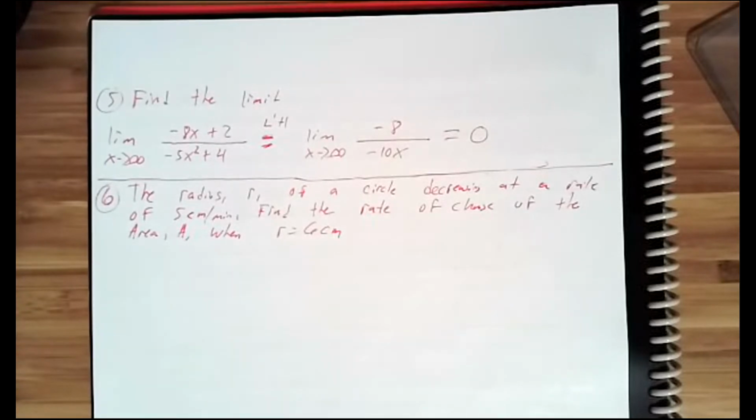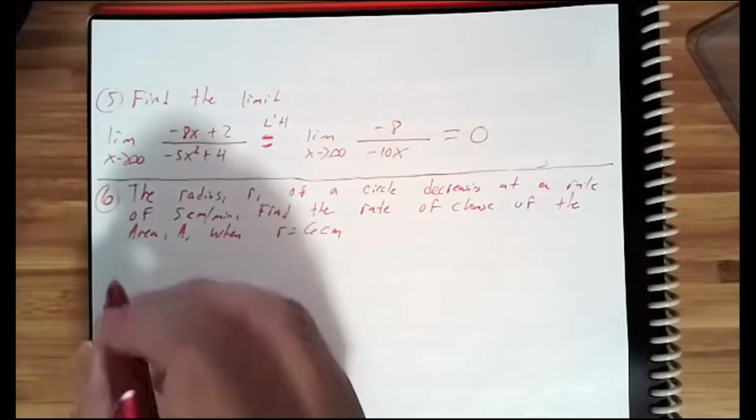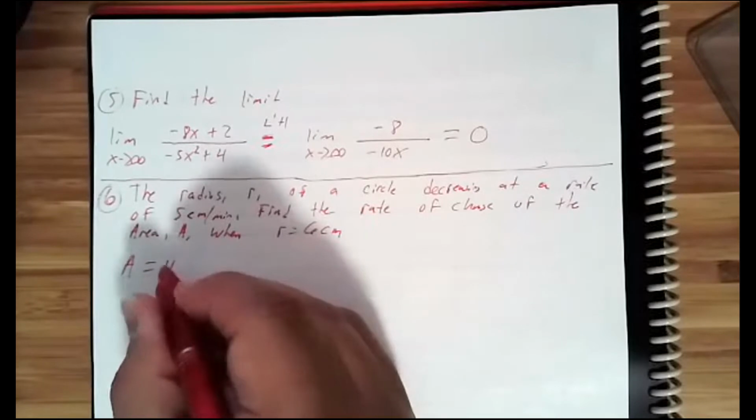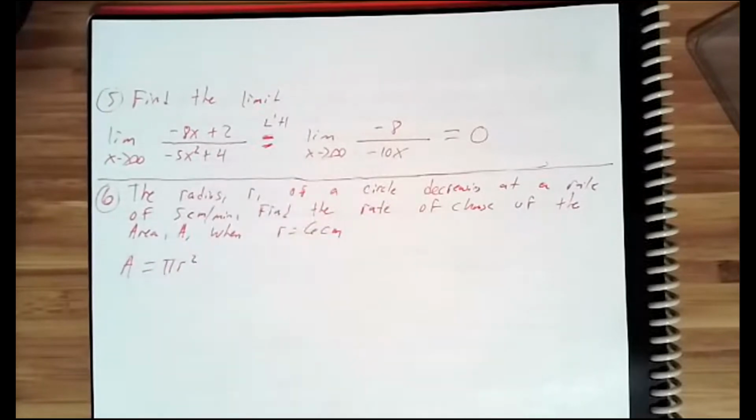So we're dealing with circles and area. So nothing 3D. Area of a circle we agree is pi r squared, right? Okay.